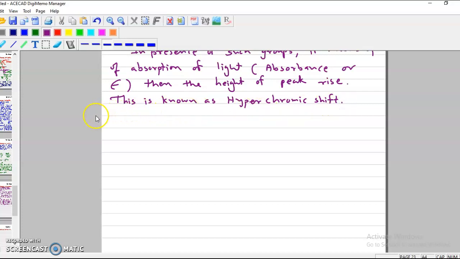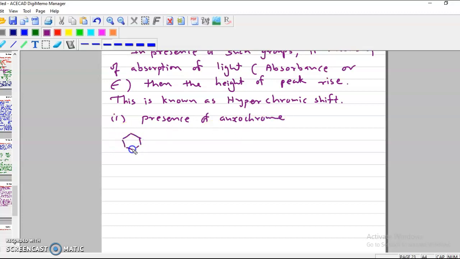Okay, now this can be because of the presence of oxochrome. So presence of oxochrome along with chromophore can do this kind of change. How? Let us see this one.